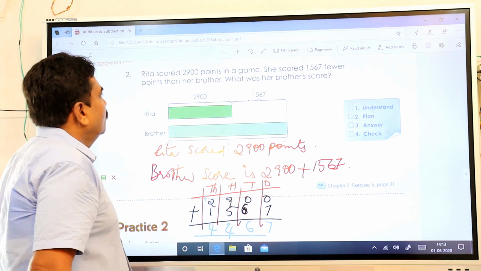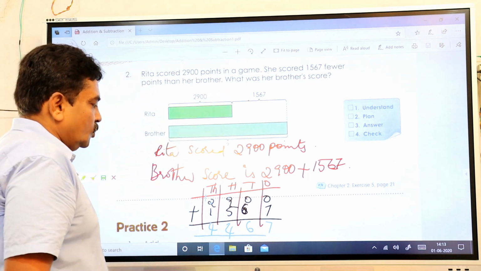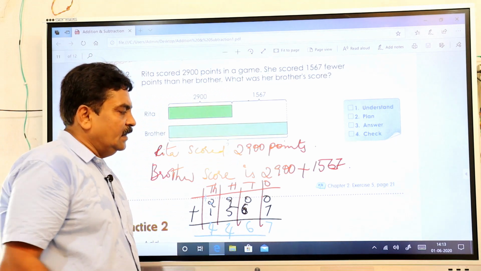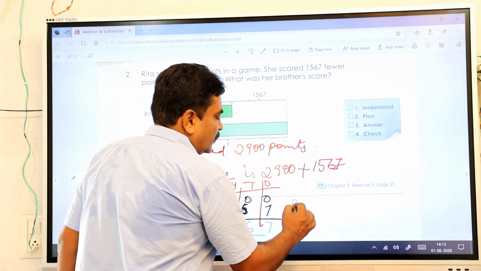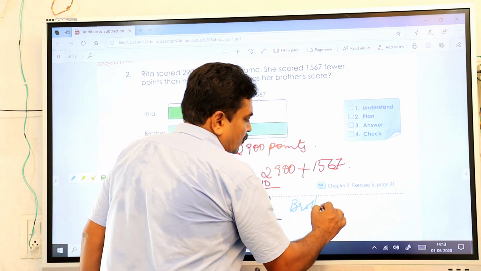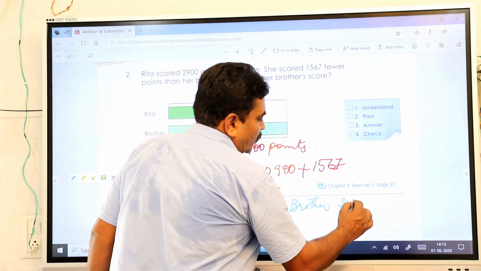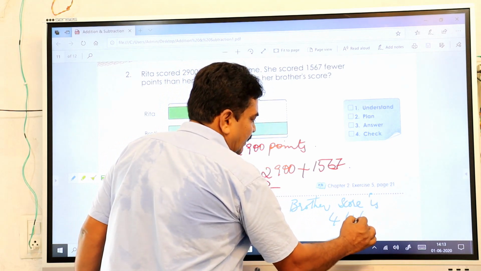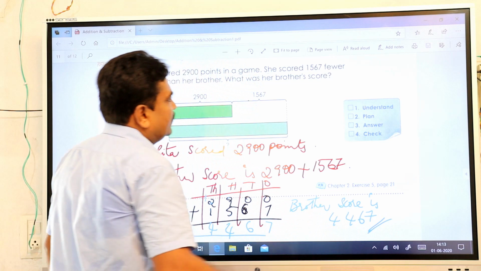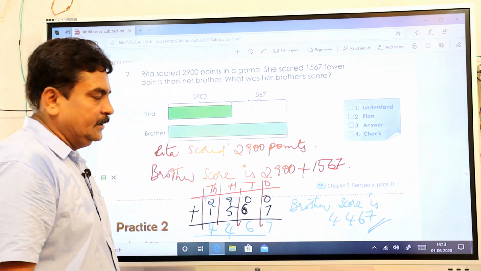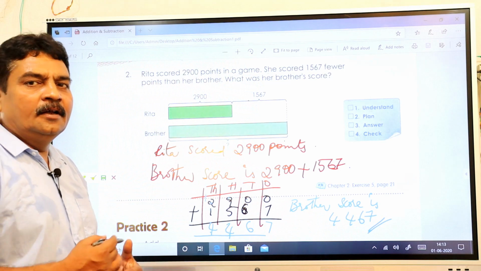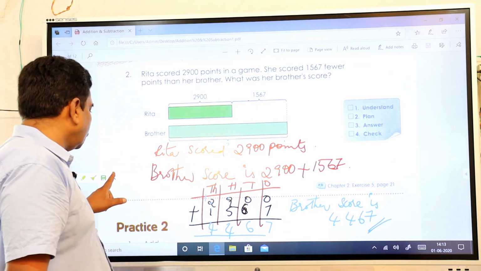So the brother's score is 4,467, and you have to write that down. Brother's score is 4,467 points. In that way you are going to do word problems.